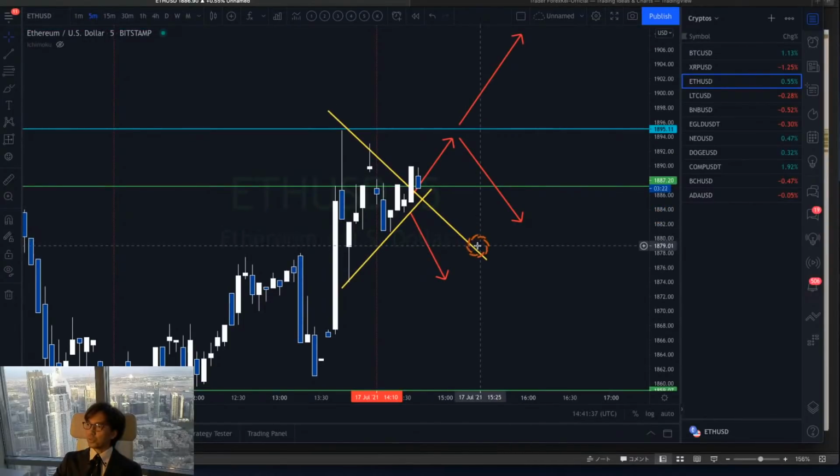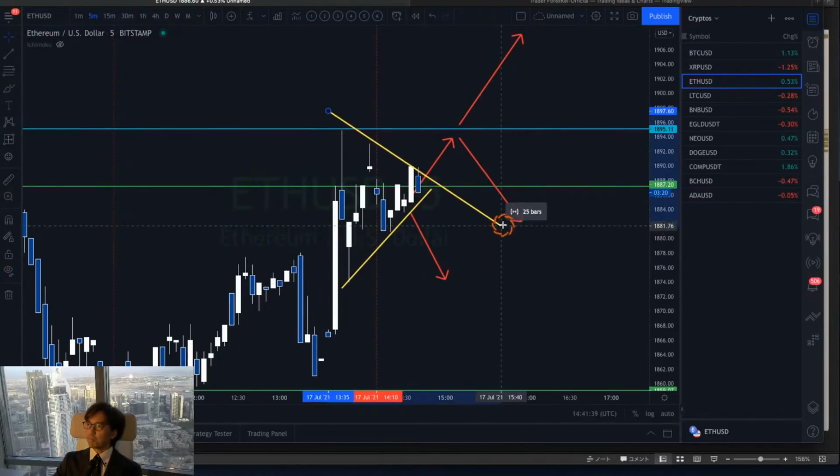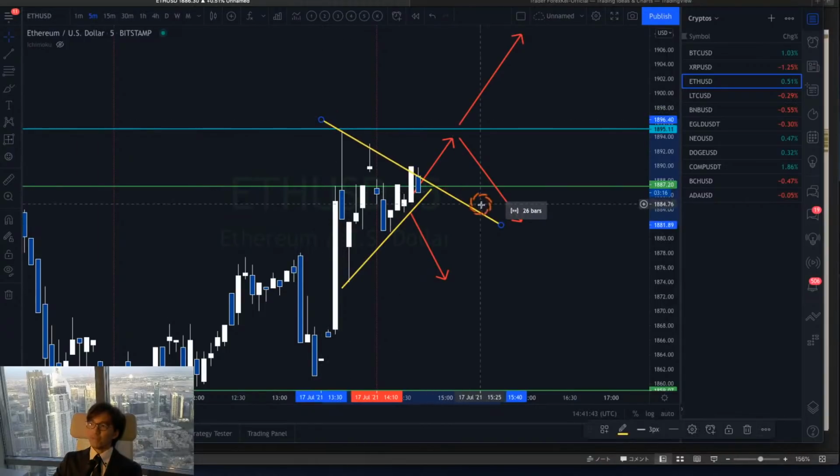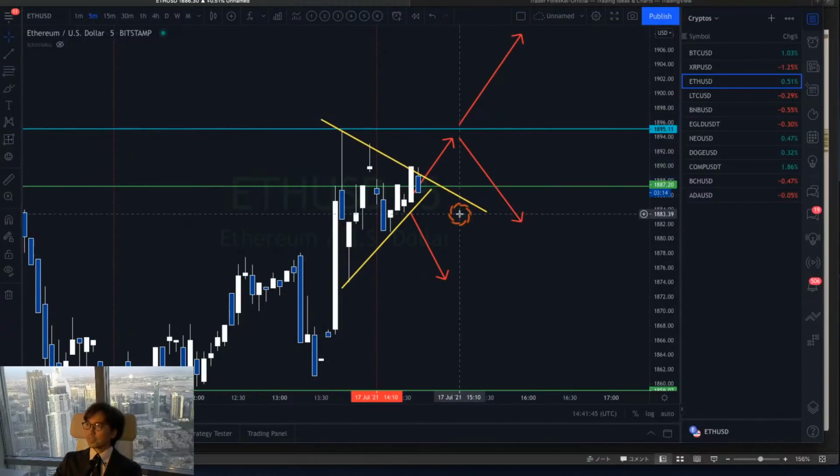if you adjust the line this way, then you can also say that the market is not breaking the P wave yet. So for a reliable P wave breakout, it should break the multiple resistances, in this case the descending line upwards this way, and the candlestick close should be above the P wave like this.